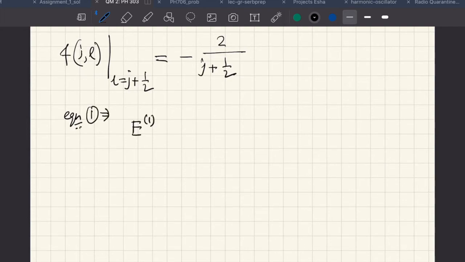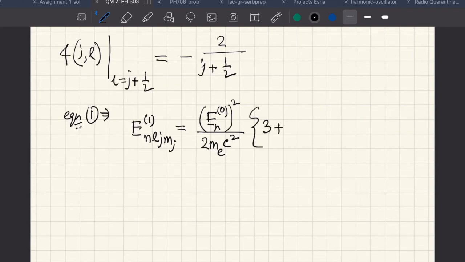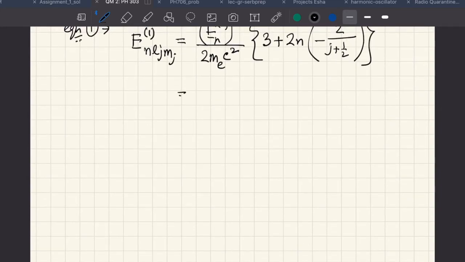E1 NLJ MJ is equal to En0 whole square divided by 2MEC squared 3 plus 2N minus 2 by J plus half. And this is equal to En0 whole square divided by 2MEC squared.